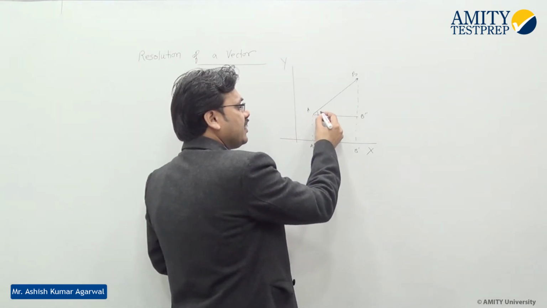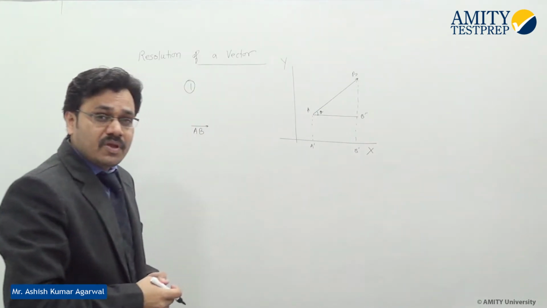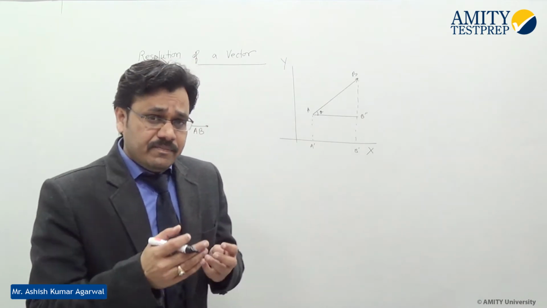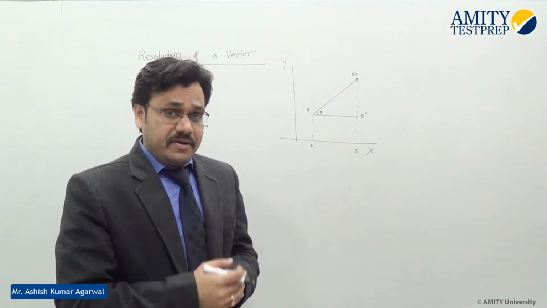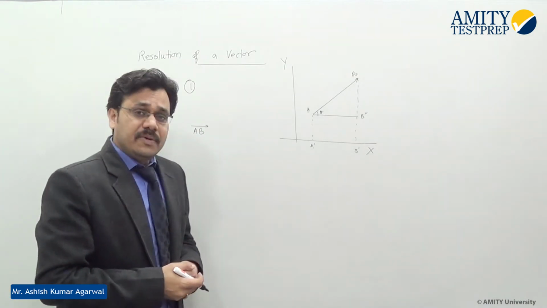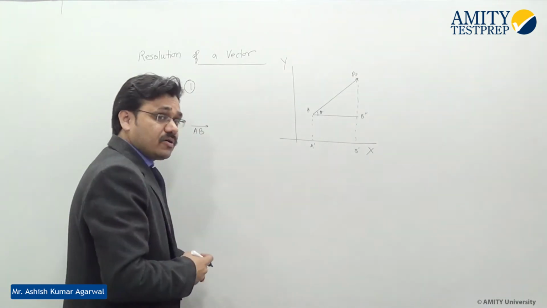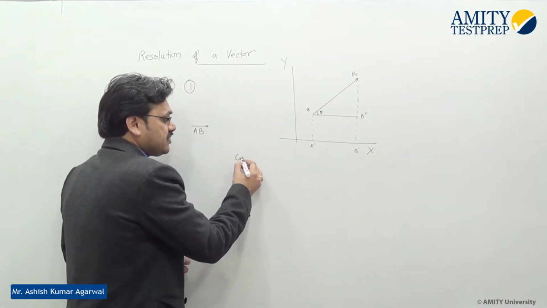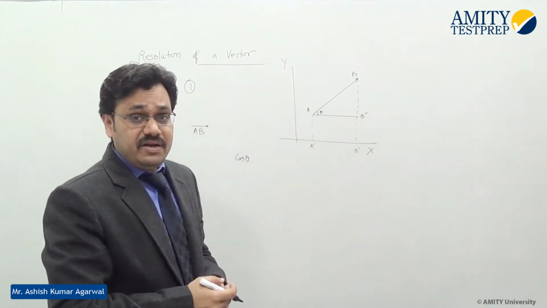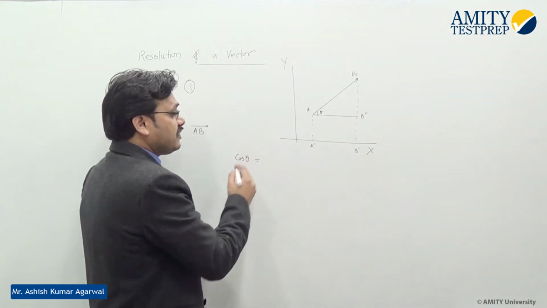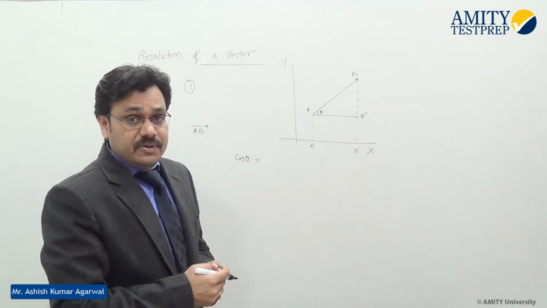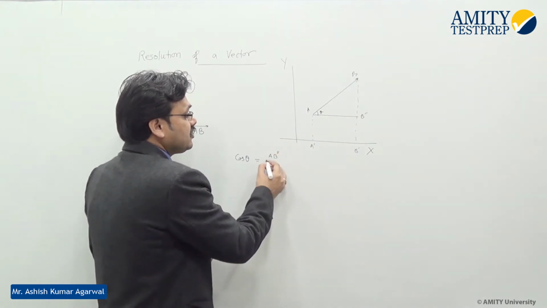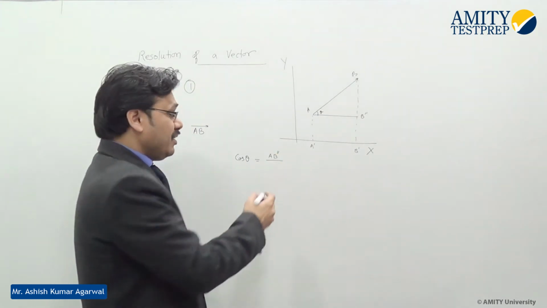Suppose theta is the angle with the x-axis. So simply you can find this resolution by the method of trigonometry. What is the method of trigonometry? For this you have to find cos theta and sin theta. If you find cos theta in triangle A, B and B double dash, cos theta will be base upon hypotenuse, and here base is represented by AB double dash and hypotenuse is given by AB.